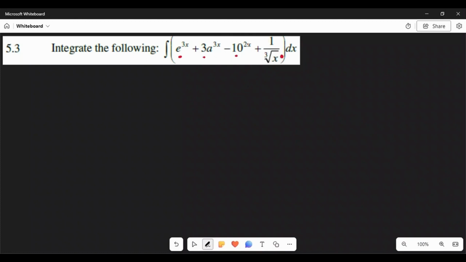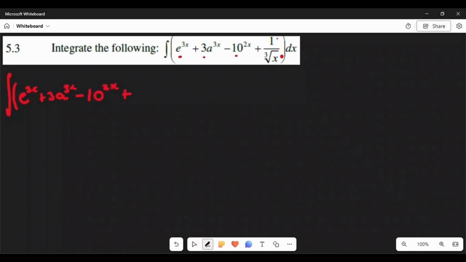Right, so while we are simplifying, we need to keep the sigma and the dx. So let's first simplify this one. So the sigma and the dx, they remain there. We're just going to write our e to the power of 3x plus 3a to the power of 3x as well, minus 10 to the power of 2x plus.